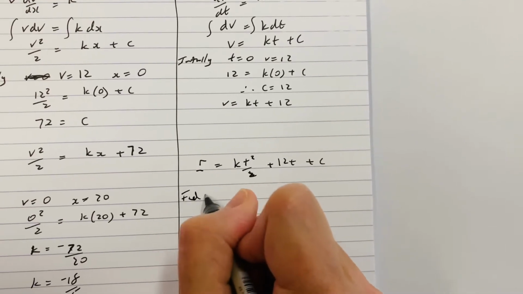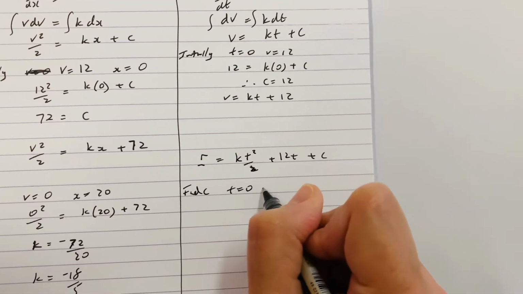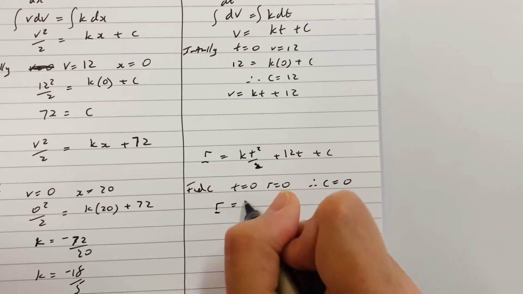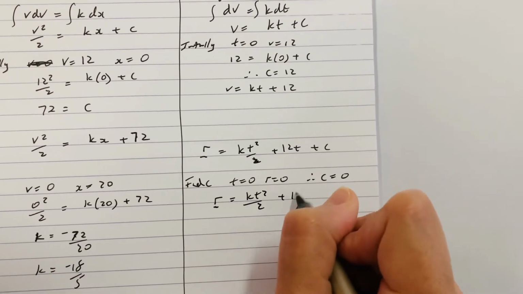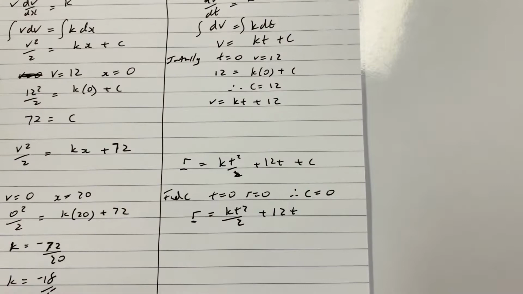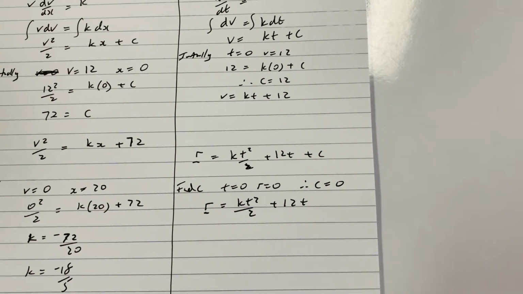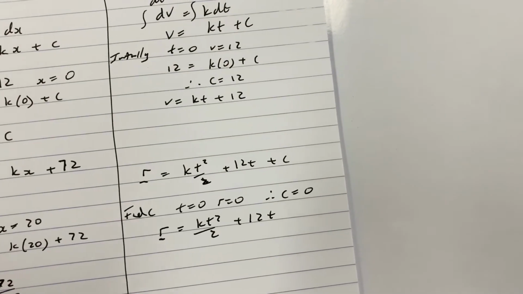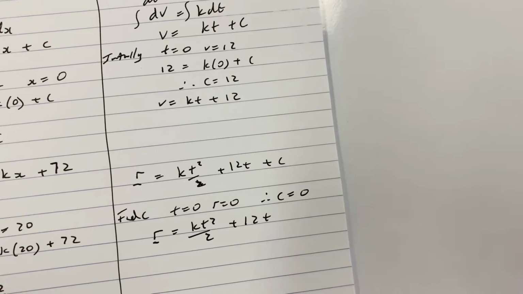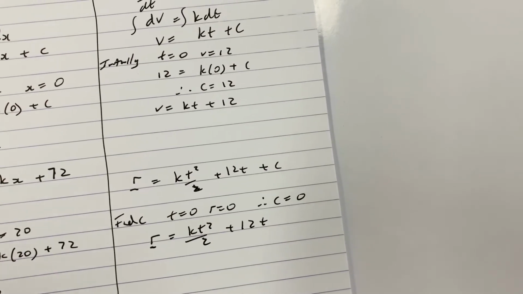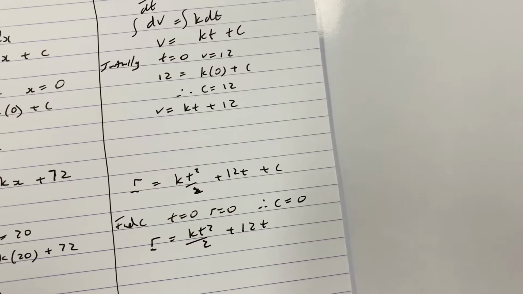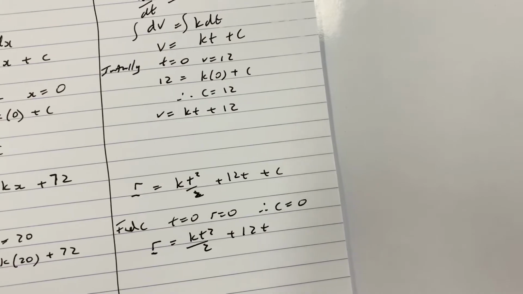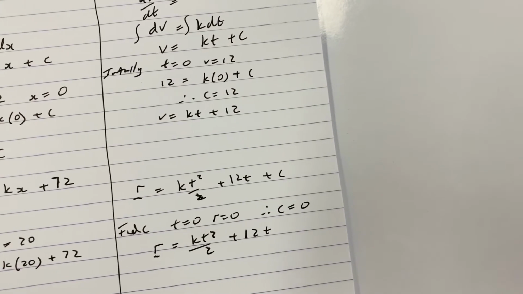Now if we want to find c in this case, when t is 0, r is 0, so therefore c will be 0. So r will be kt squared on 2 plus 12t. And this way you then go, okay, I've got these two equations. I know that at the start, when t is 0, v is 12. So that's pretty cool for me. But I don't know where I'm going from there.